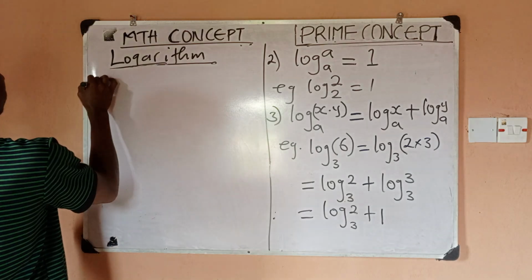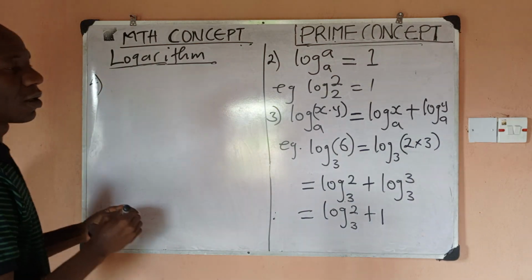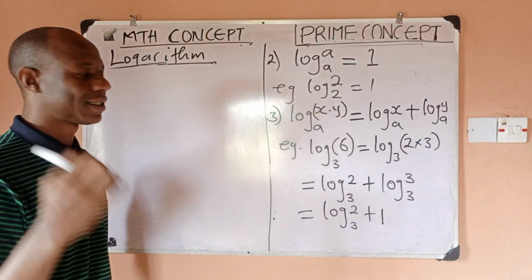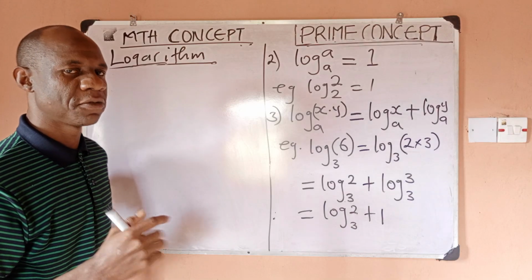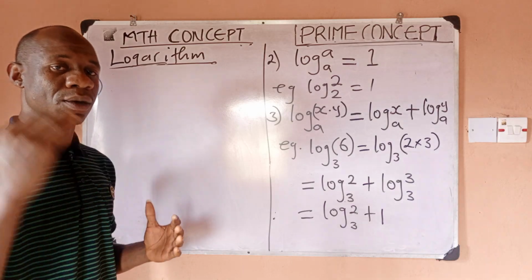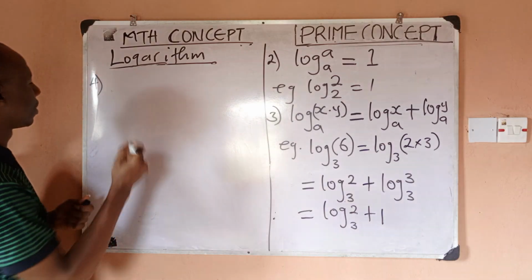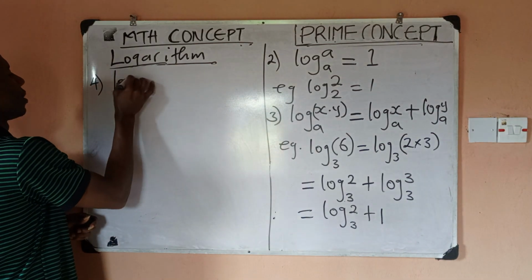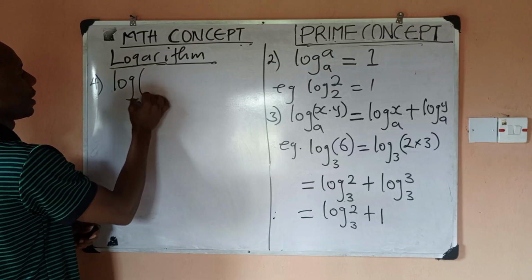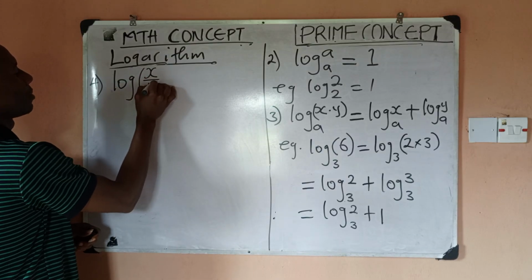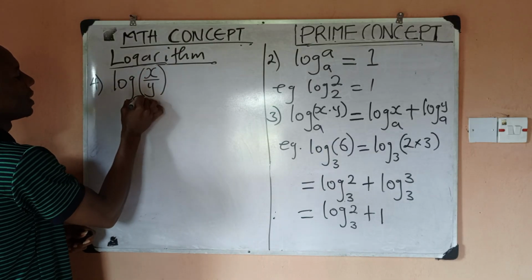Now, number 4, at the end we'll be putting all these rules together and see how we can apply them to solving more complex problems, which I would simplify in such a way that it will be very clear to you. Now, rule 4, you have log of, let's say, x divided by y. Now, this has a base of a.